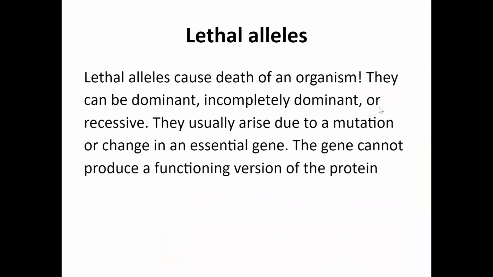The last one is lethal alleles. Lethal alleles cause the death of an organism. They can be dominant, incompletely dominant, or recessive. They usually arise due to a mutation or a change in an essential gene. The gene cannot produce a functioning version of the protein, and that causes the organism to die.